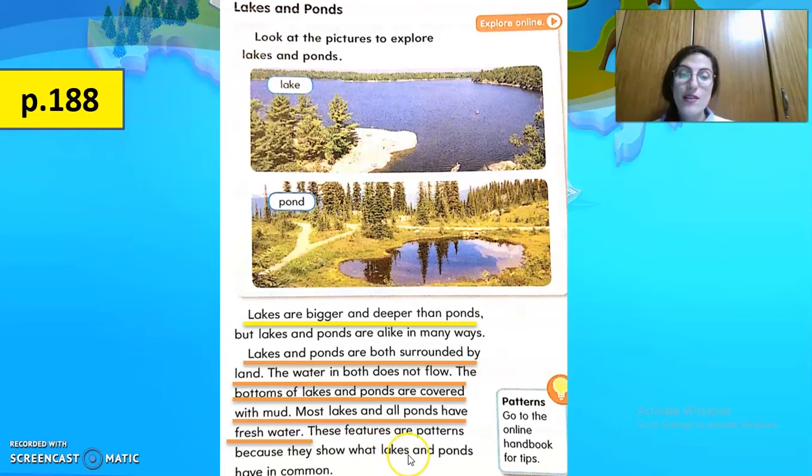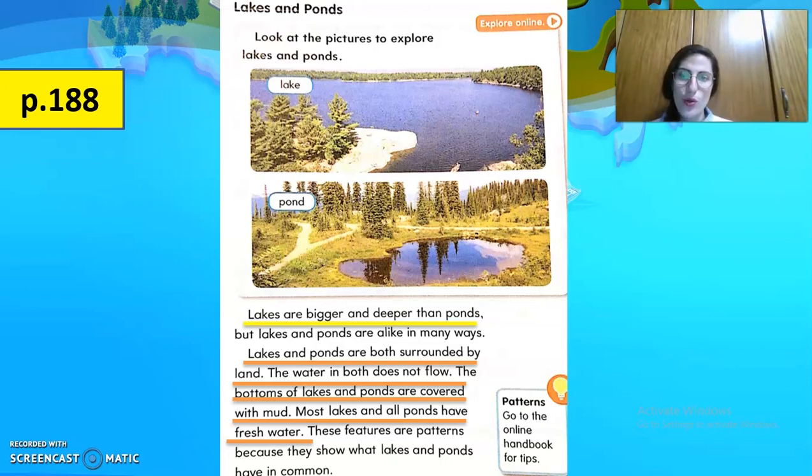And when we say these are patterns, it means these are things that are repeated. So whenever I say lake and pond, we remember that lakes and ponds both are surrounded by land on all sides. Lakes and ponds both have water that does not flow. Both lakes and ponds have muddy bottoms. Most lakes and all ponds have fresh water.